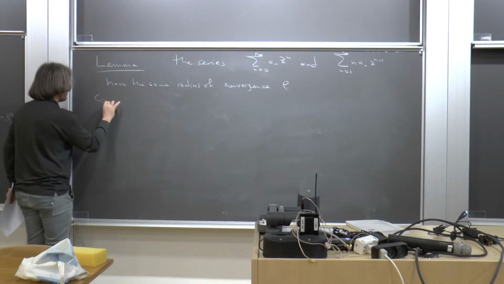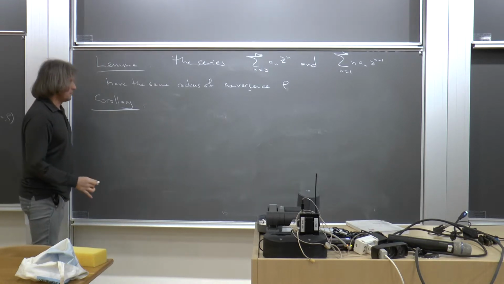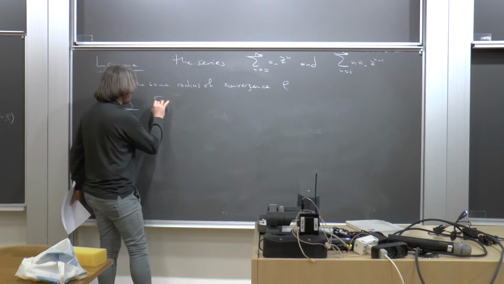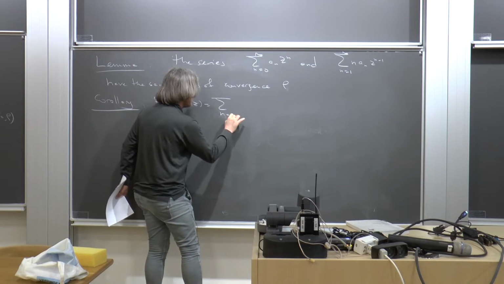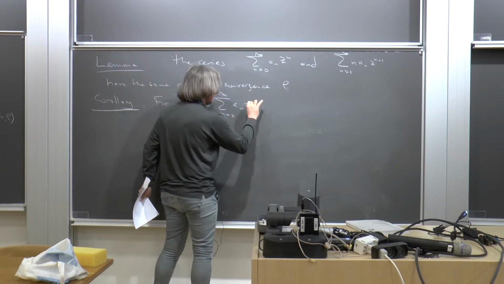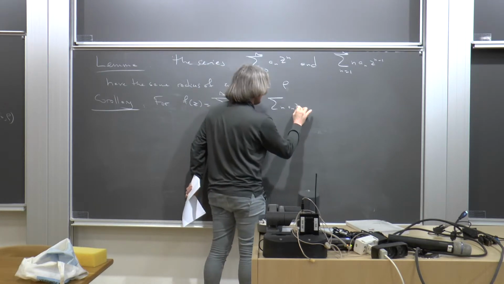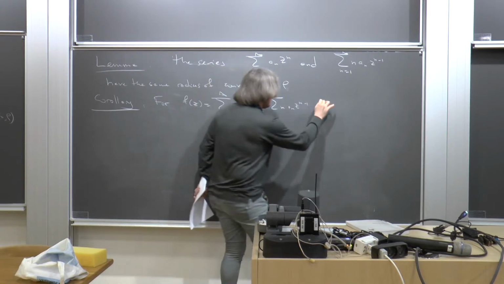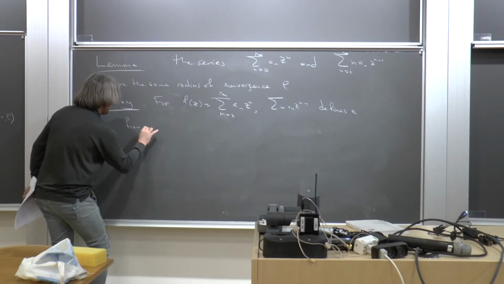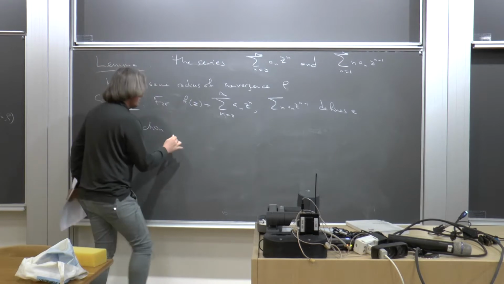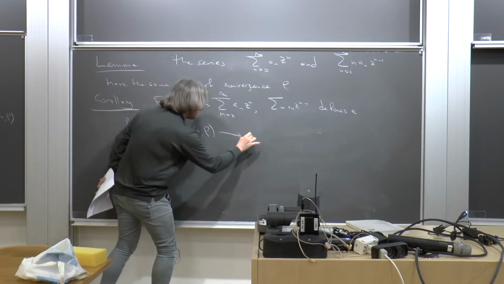Corollary. So for f of z being the sum of the first one, this one defines a function from the disk of convergence to complex numbers.